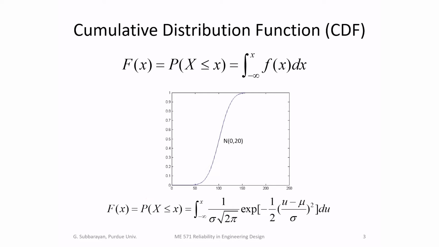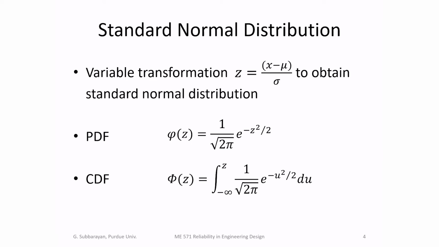If there is a way to standardize this CDF by changing the variables, then we can create a computer generated table, which will be valid regardless of mu and sigma. So that's what we are going to do.